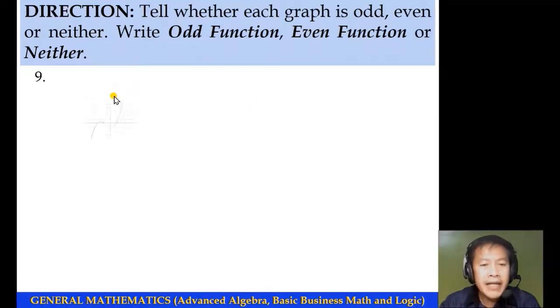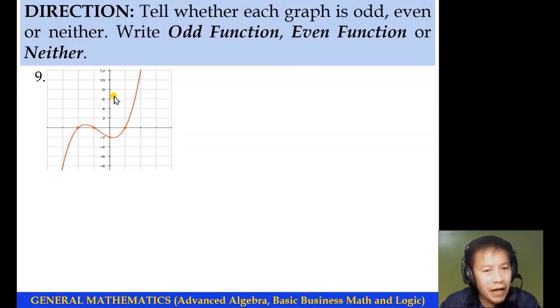Number 9, this is a graph of a cubic function in which the point of symmetry is along the y-axis. But this point of symmetry is not the origin. That is why the graph is not symmetric with respect to the origin. Therefore, this is classified as neither an odd function nor an even function.